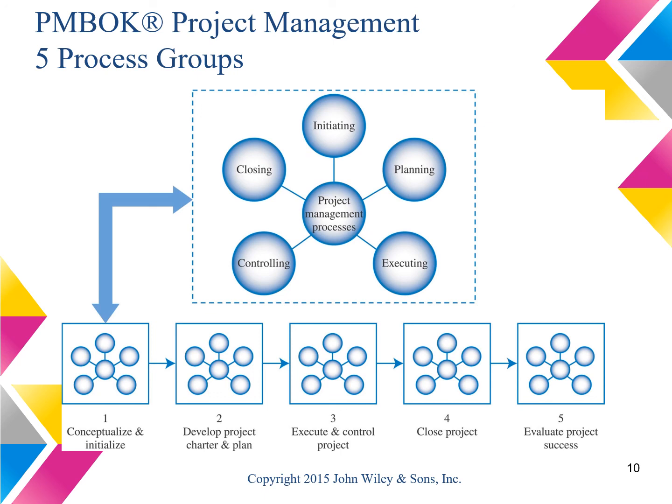The monitoring and controlling process group assures proper control and reporting mechanisms are in place so that progress can be monitored, problems can be identified, and appropriate actions can be taken when necessary. The closing process group provides closure in terms of a formal acceptance that the project and its deliverables have been completed satisfactorily.